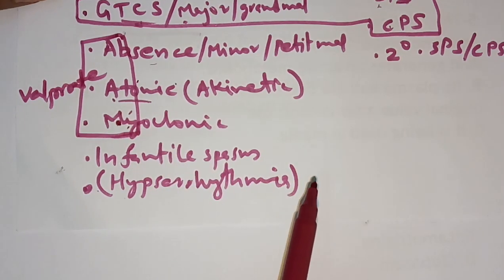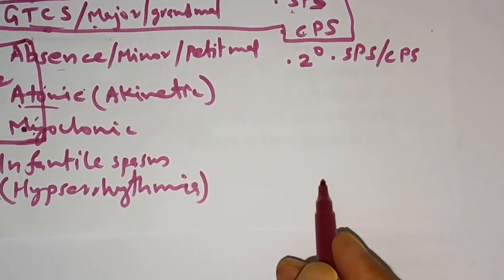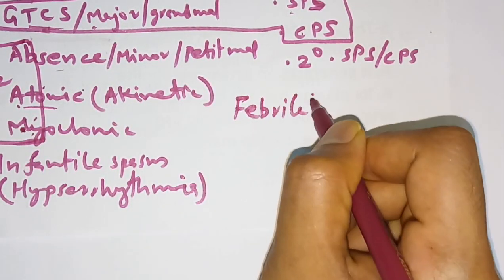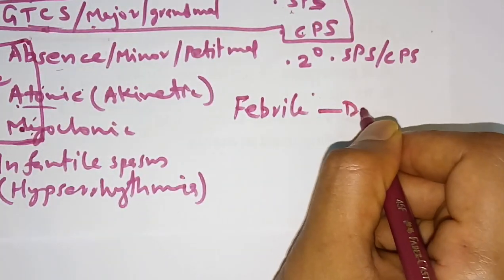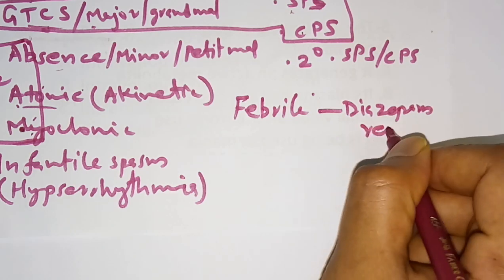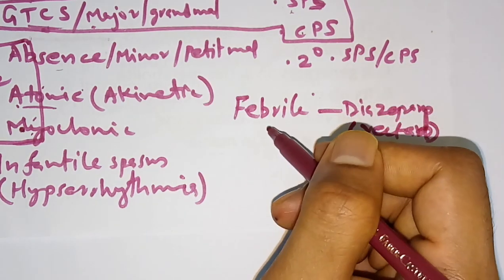The next one you have to study is febrile seizure. This one we already discussed. For febrile seizure, rectal diazepam is the first choice drug.